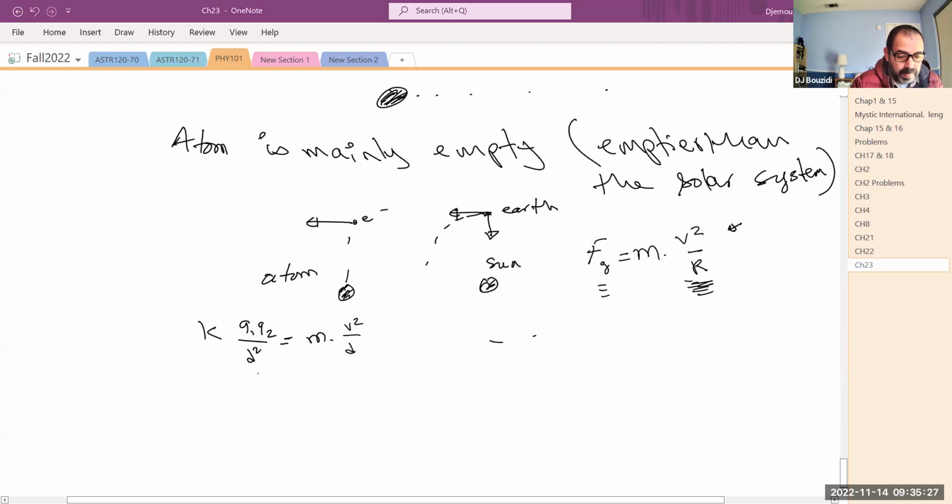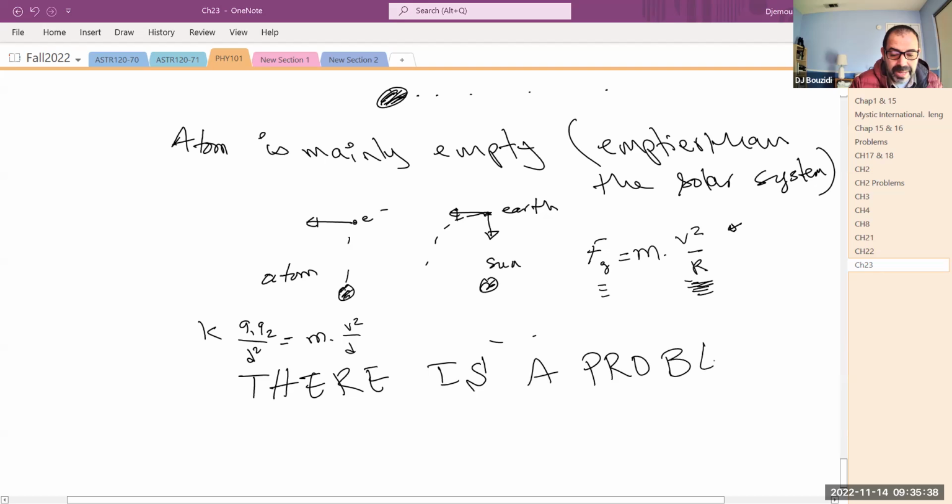But there is a problem. The problem is something known from electromagnetism. Here is what the problem is.